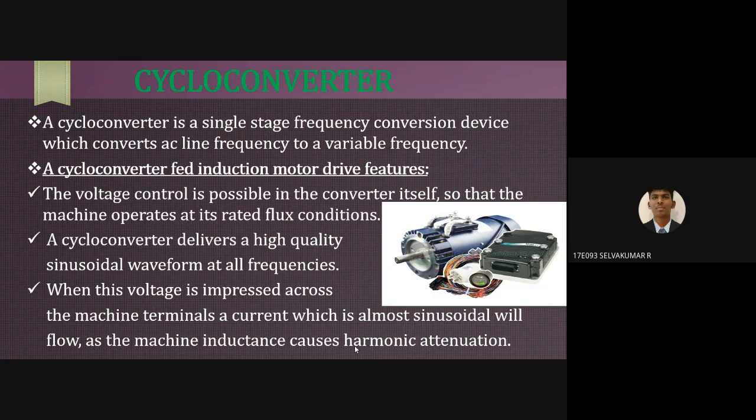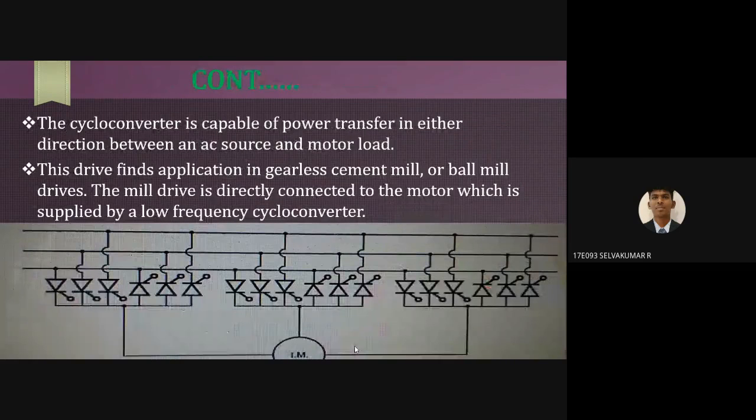When this voltage is impressed across the machine terminals, a current which is almost sinusoidal will flow, as the machine inductance causes harmonic attenuation. The cycloconverter is capable of power transfer in either direction between an AC source and a motor load.